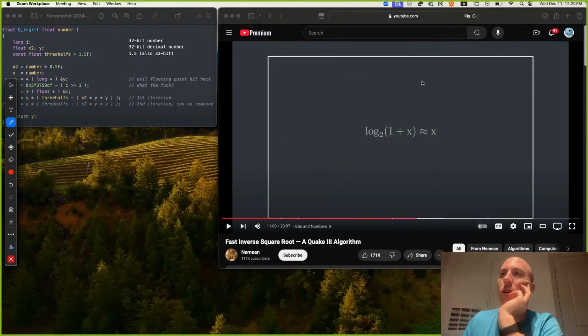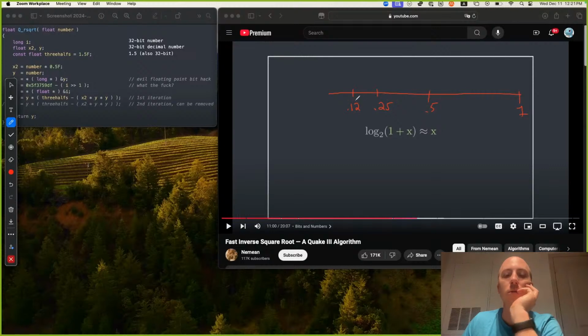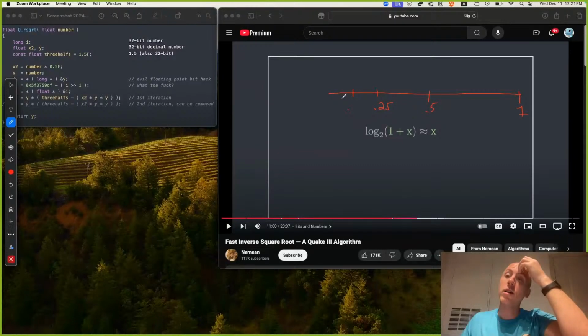If we blow this up, this is 1 and this is 0.5 and this is 0.25 and this is 0.125. It's 0.25 divided by 2.